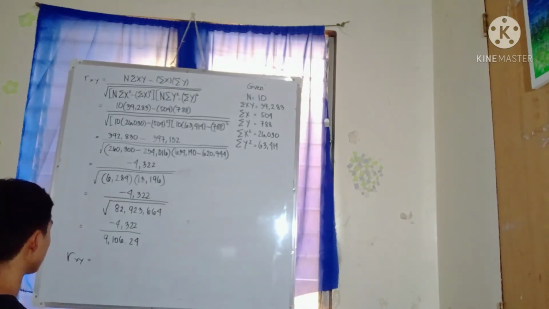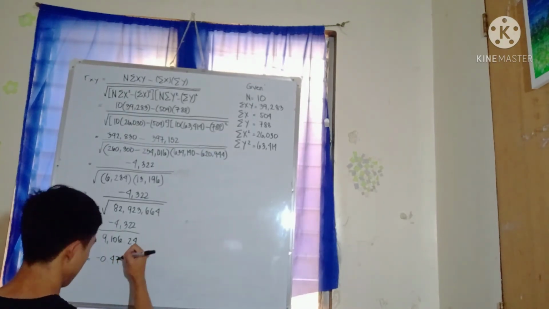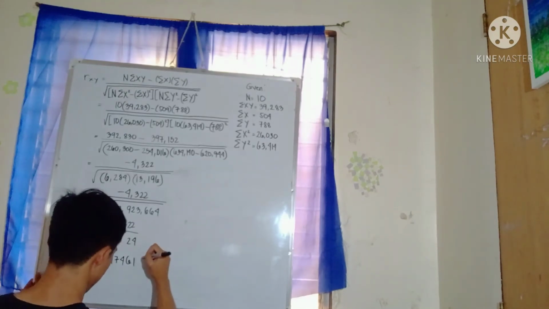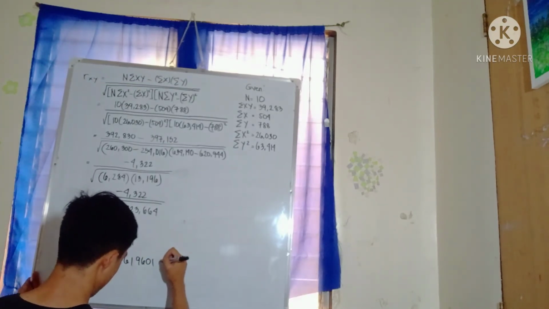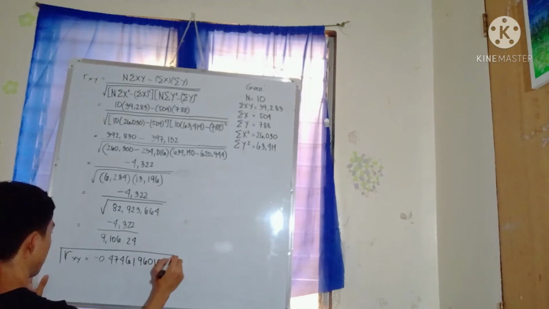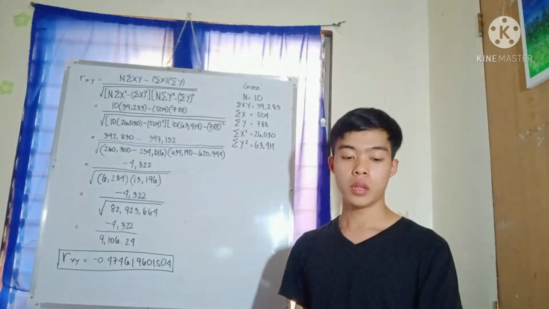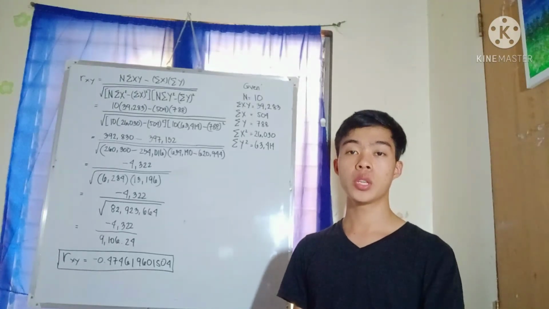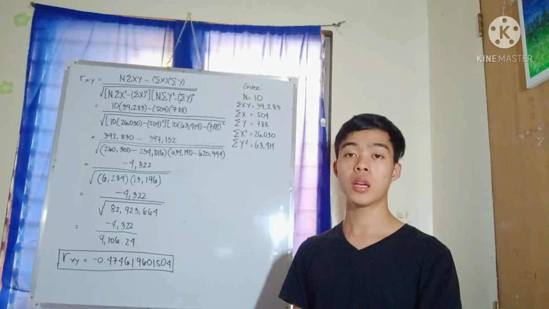So the correlation is equal to negative 0.47461960015004. This is now the answer for the computation of the Pearson product moment correlation coefficient between the age and the glucose level of 10 diabetic patients in St. Elizabeth Hospital.